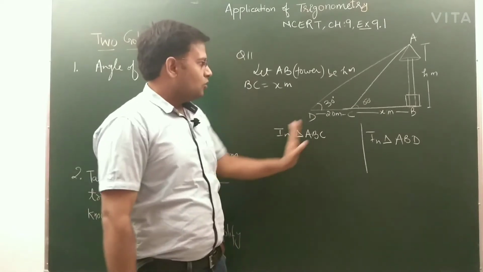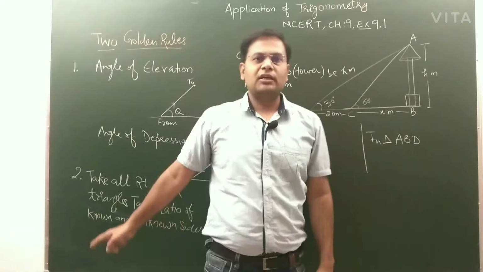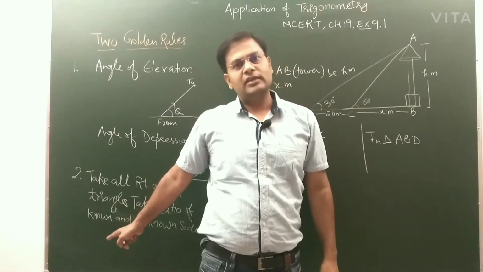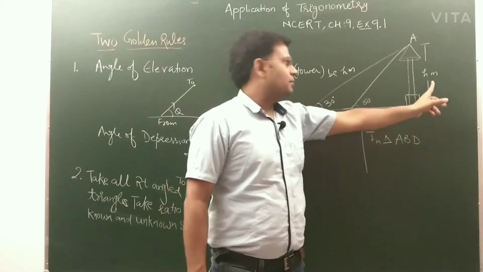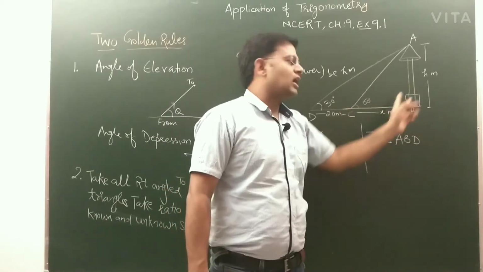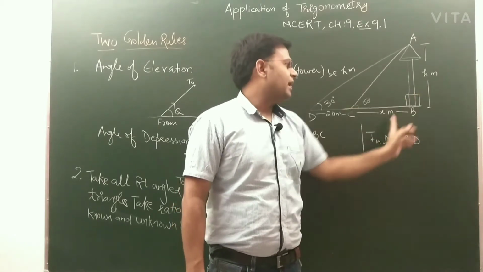So these are two right angle triangles in this figure. Let's now take triangle ABC. I told you to take the ratio of one known and one unknown side. So this is h, this is x. For the time being, h and x are both unknown, but here we'll get a very important relation between h and x.